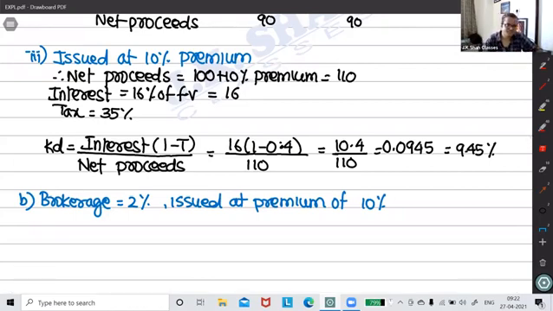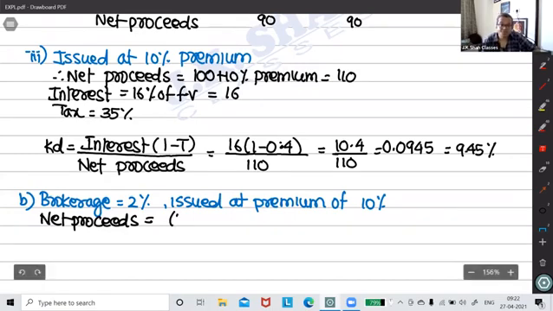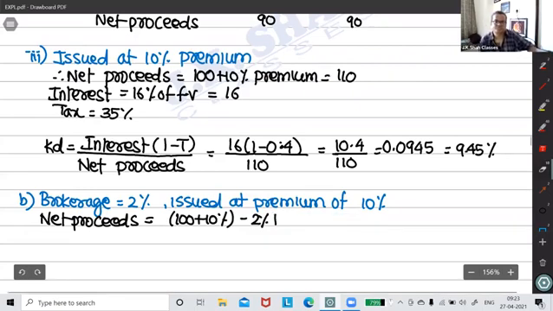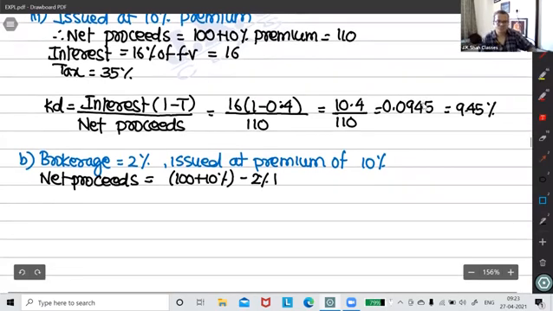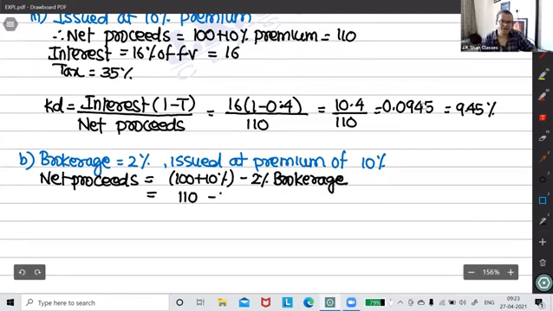So first we'll write net proceeds. How will it come, you tell me. 100 plus 10%, whatever comes, minus 2% brokerage. So it will be 110 minus 2%. 107.8.